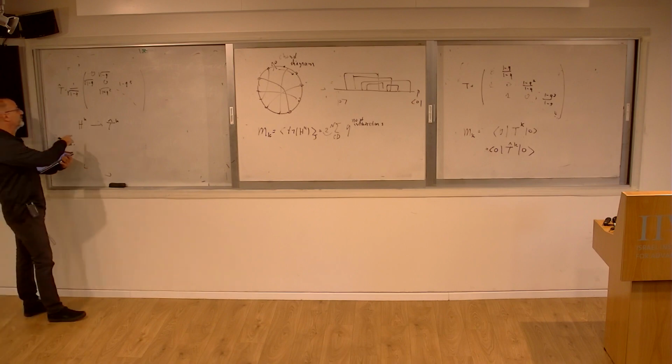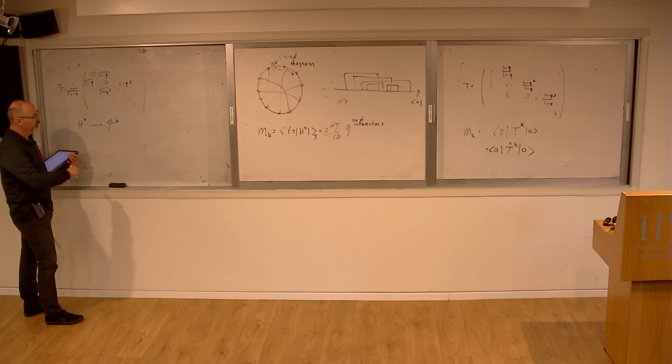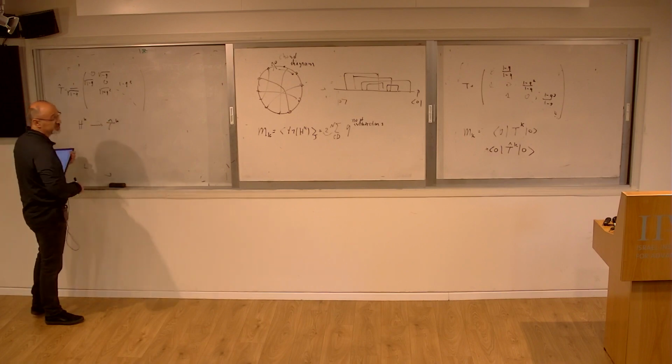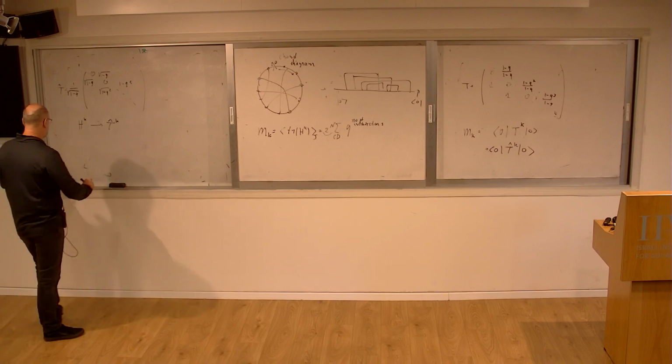So there's a mapping between the Hilbert space of the theory after I average to some new Hilbert space, some auxiliary Hilbert space made out of chords, and a new Hamiltonian that's acting on it.